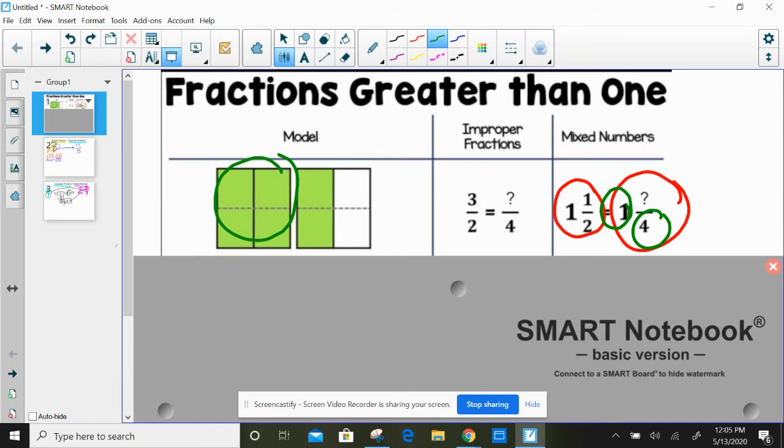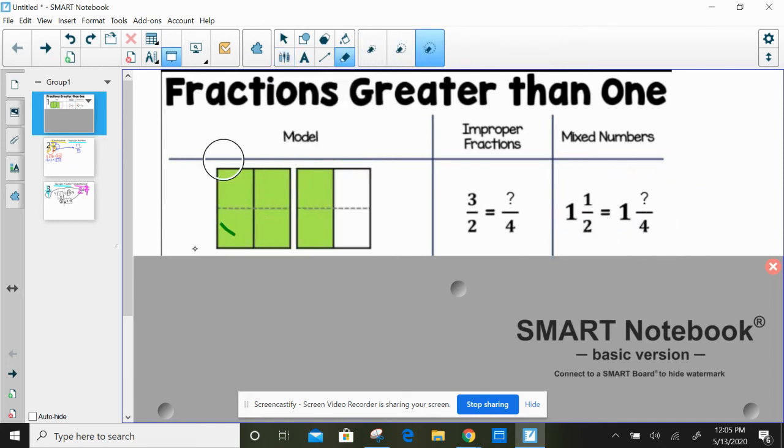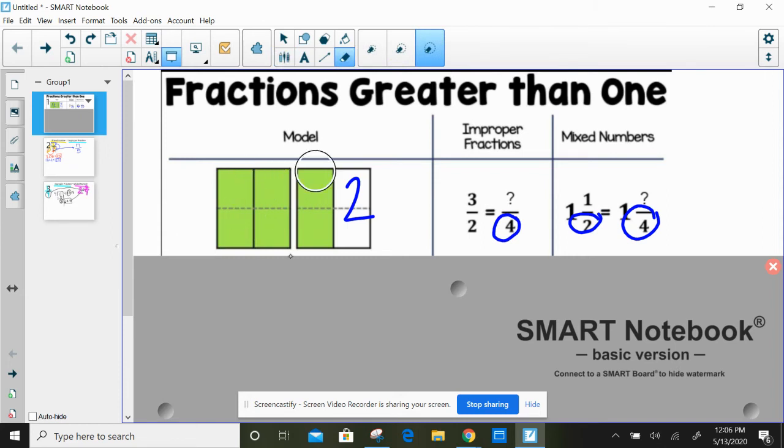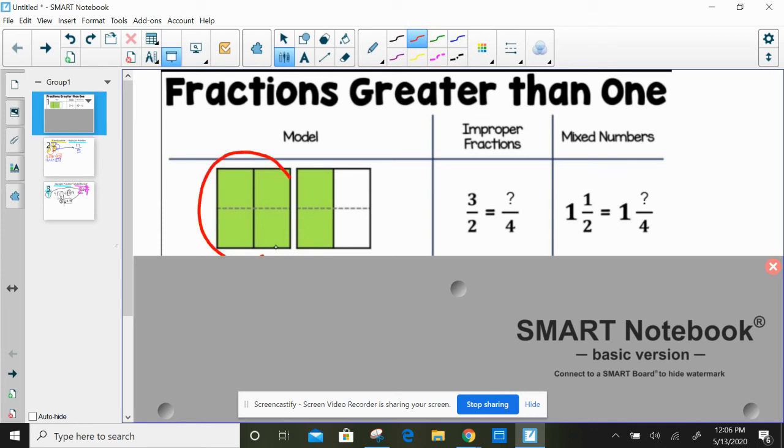Remember, this 2 here was saying 1, 2, 1, 2. Okay, but now it's saying, we're going to look at it as 4 again, like we did over here. So now we have 1, and that's the 1 there, and this 4.